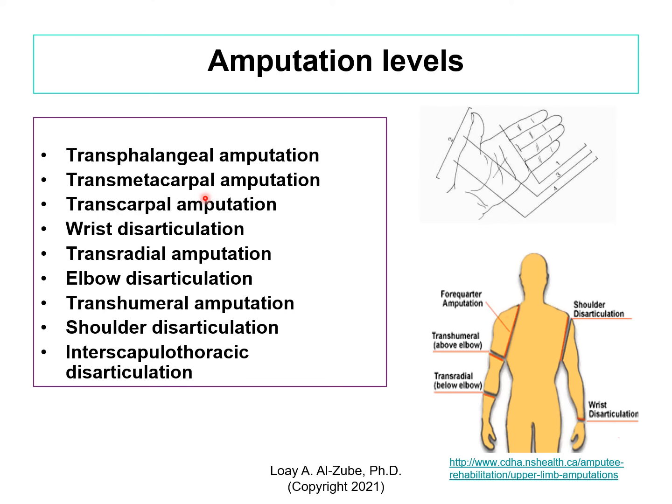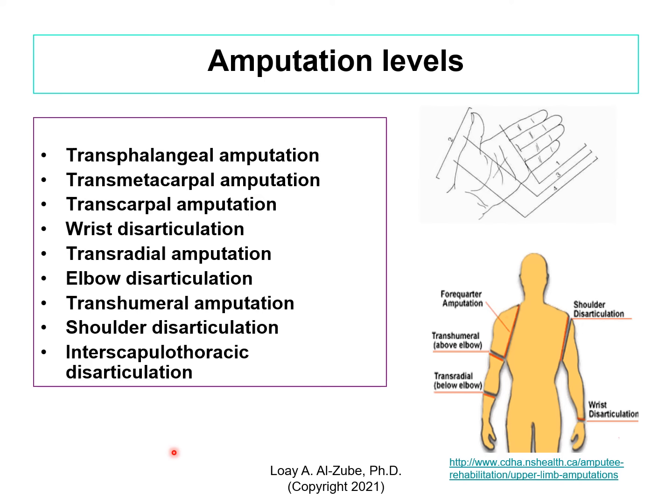So that's completely gone, the amputation. And then you have the wrist disarticulation, which is cutting on the wrist itself. And we have the transradial amputation in the middle, and then the elbow disarticulation, transhumeral, the middle between the elbow and the shoulder disarticulation. And then we have something called interscapulothoracic, which means that the amputation is taking part of the ribs and also part of the lungs.